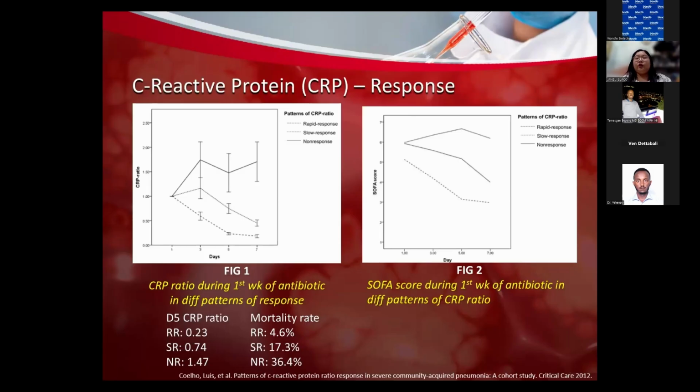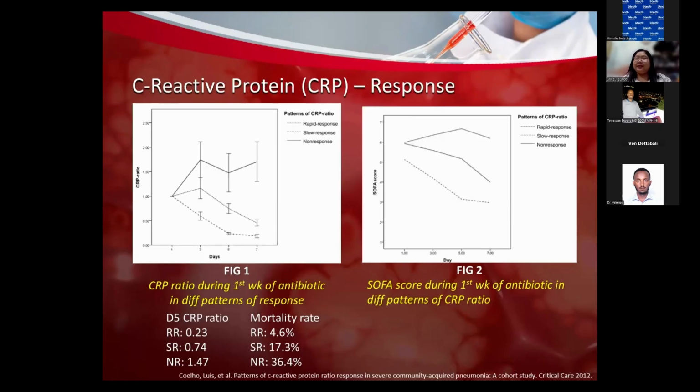Survivors showed a continuous and significant decrease of CRP ratio, while in non-survivors, CRP ratio remained elevated, higher than 0.5, and was associated with a fivefold increase in the risk of death in ICU. Patients with non-response CRP presented a significantly higher ICU mortality than fast or slow response patterns.